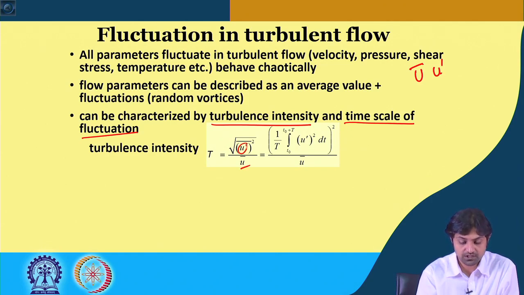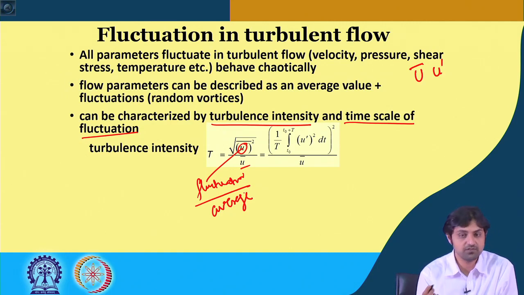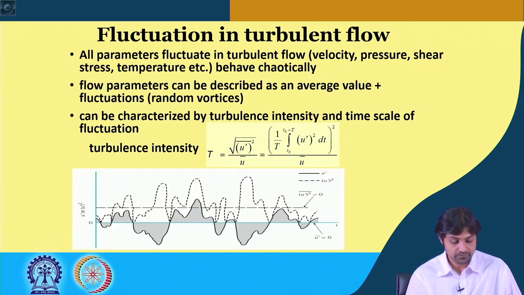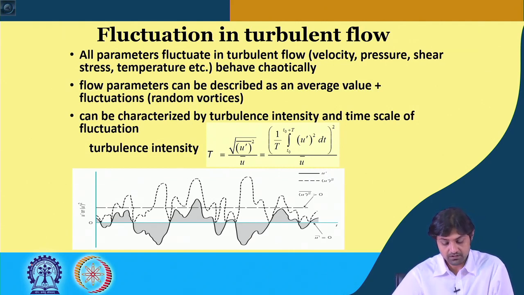So you see it is the fluctuation by average value. You can assume if the fluctuation is too high, the turbulence intensity will be high, because it is fluctuation by average. In terms of time average, this can be written also like this.